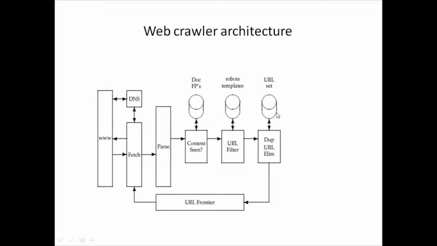Now let us see the web crawler architecture. So this is the architecture. You can see that the Mercator crawler has formed the basis of a number of research and commercial crawlers. In this architecture, there are some modules available, like the URL frontier, the DNS module, the fetch module, and the parse module.